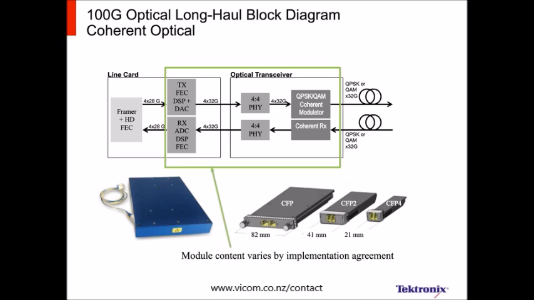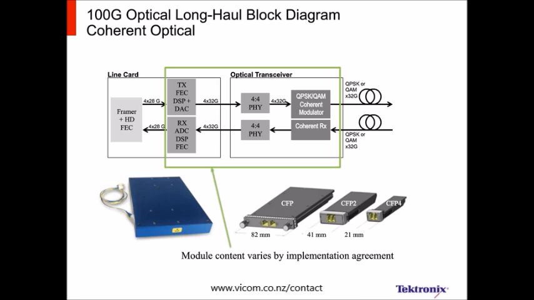Inside the box, you've got any sort of digital signal processing you do on the transmit side, any soft decision FEC, and then we go to the modulator. We go out onto the line, and then on the way back we have our coherent receiver. We'll have a local oscillator for our coherent receiver that down converts the signal, and then we go to our receive side signal processing chip that would do any soft FEC termination and then bring you back to the line rate that the framer is at.